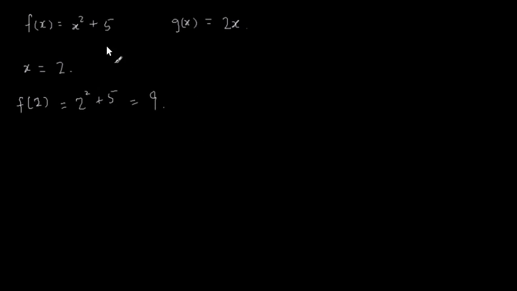Okay, so now f(x) is a function, and in this sense we can think of a function as a formula or some kind of a rule or a way that allows us to find a number when we are given x.